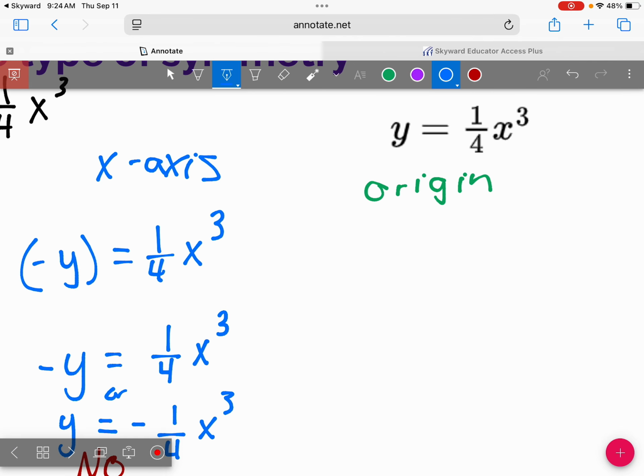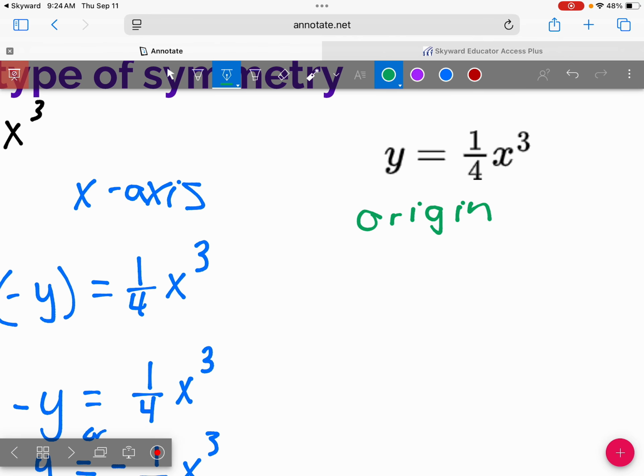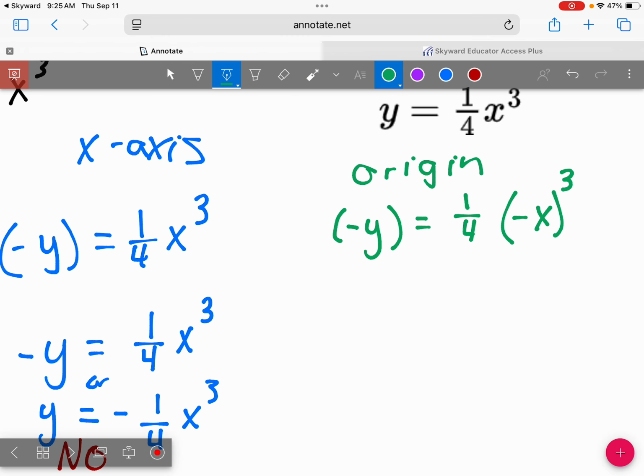So then when we look at our origin symmetry, we switch our y with a minus y, and our 1/4 x cubed with a minus x cubed. Well, we've simplified the minus y before. We just got left with our minus y. We've simplified our 1/4 minus x cubed before, and we got minus 1/4 x cubed.